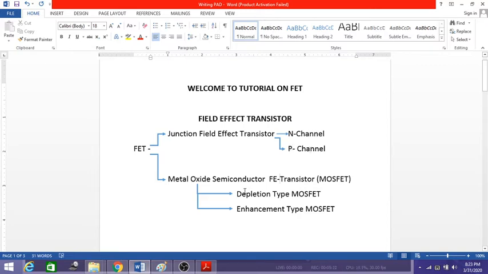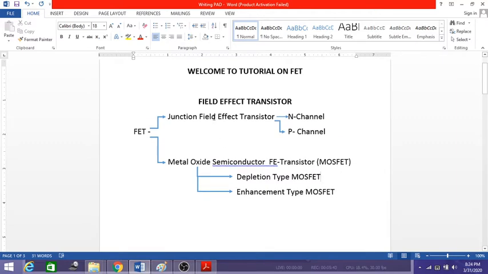And MOSFET again has two types, depletion type MOSFET and enhancement type MOSFET. These we will see later. In depletion type there is an N channel depletion type MOSFET, and in enhancement type also we have two types, N channel enhancement type MOSFET and P channel enhancement type MOSFET.